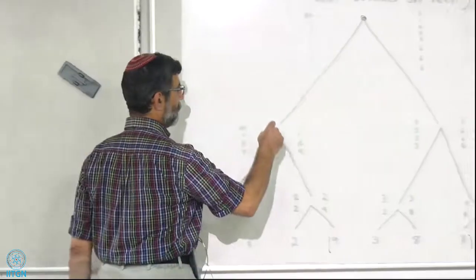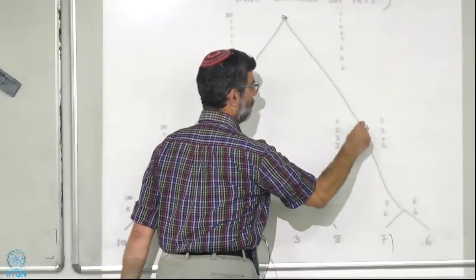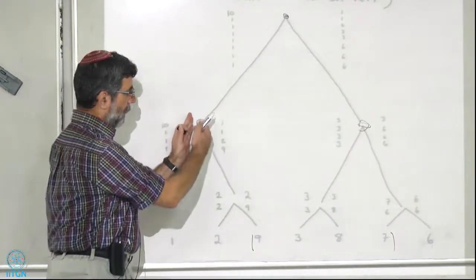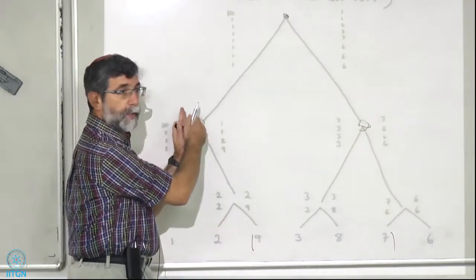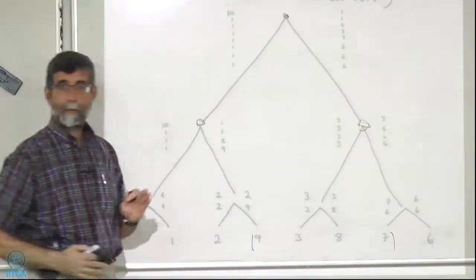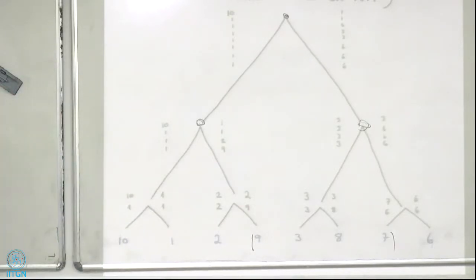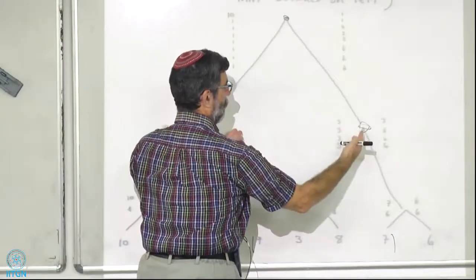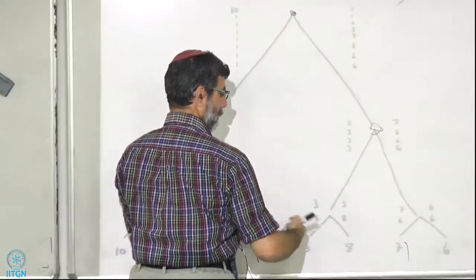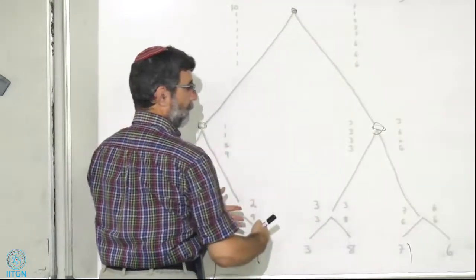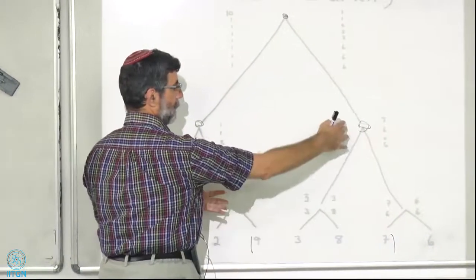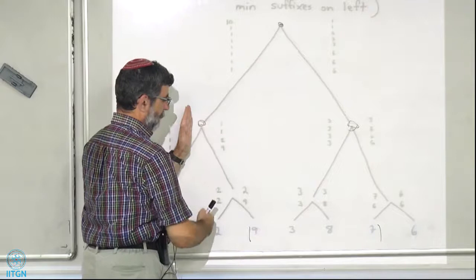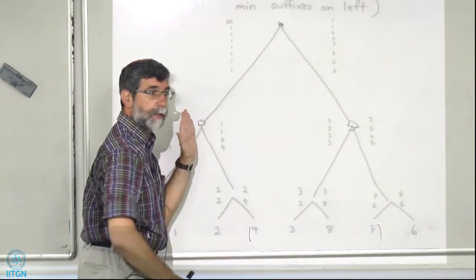So what it means is that if we go down to the right and if we go down to the left, the entire range has to be between some suffix of this son and some prefix of this son, right? Since they are all here, this is a binary tree. So part of the range is in this subtree, a prefix of the leaves of this subtree, and the other part of the range is a suffix of this subtree.